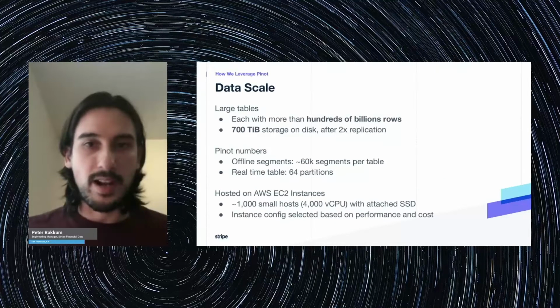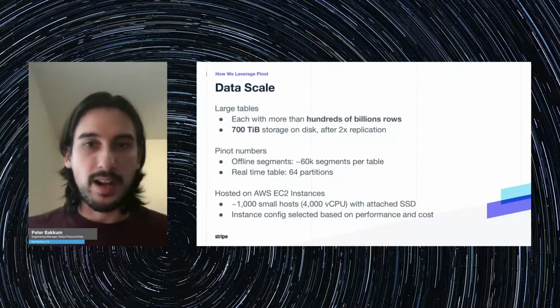I want to talk a little bit more about the data scale that we operate Pinot with. So given Stripe's financial complexity and given the number of actions that we take, our data set ends up in the hundreds of billions of rows, and this is currently for us roughly around 700 terabytes of storage on disk after replication.